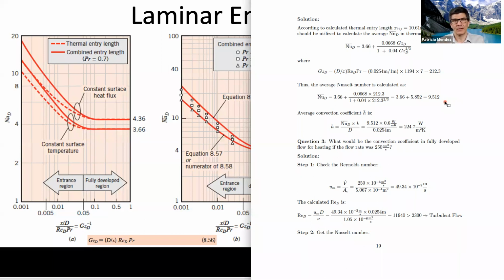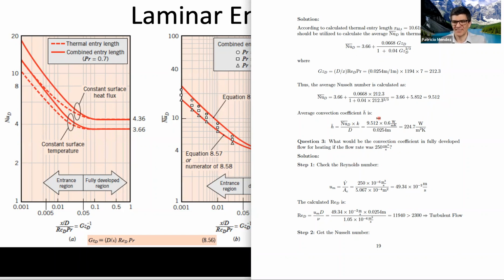If the flow takes 10 meters to develop, for sure I would consider making the tubes in this heat exchanger less than 10 meters, so we use all this entry region that has this enhanced heat transfer coefficient. Way downstream is not so good.